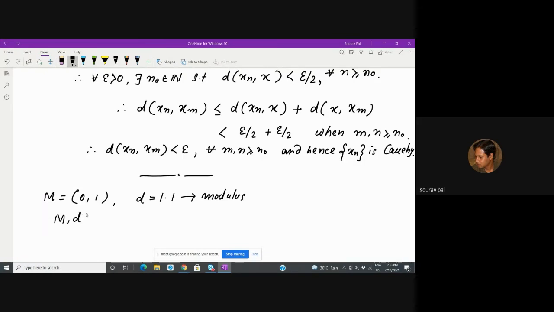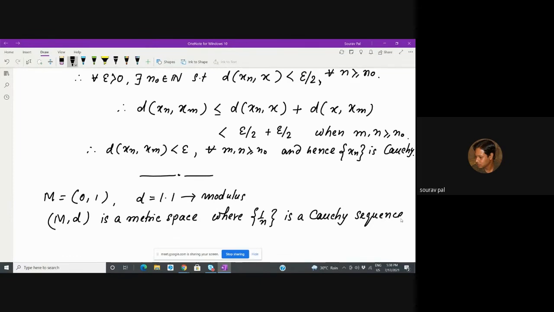Then this (M, d) is a metric space, definitely, where this 1 upon n, as you were saying, definitely is a Cauchy sequence which does not have a limit.